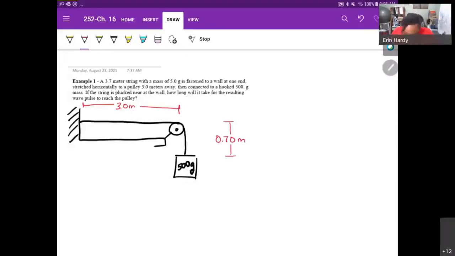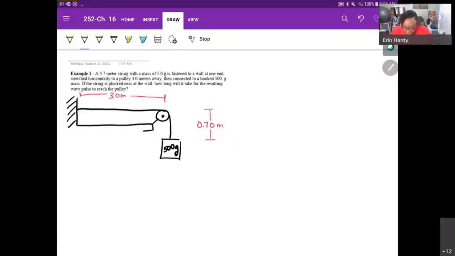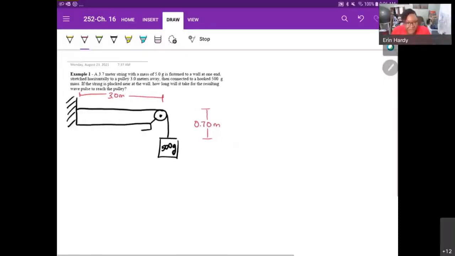We know that the mass is 5.0 grams, and we're trying to figure out how long it takes for a pulse that is generated near the wall to reach the pulley. We're not yet concerned with what happens to the pulse after it reaches the pulley. We're just concerned with the first part of this interaction.